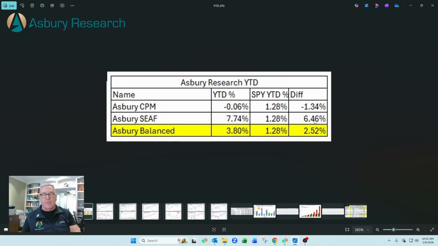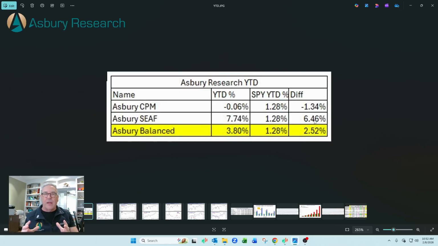But I like to show them together because a lot of investors, a lot of subscribers, I should say, like to use them both. So if you use them both 50-50, let's say you have a hypothetical $100,000 account, 50,000 of that is in CPM, 50,000 of that is in CEF. They tend to work well together because CEF is an alpha generator and CPM is a defensive model to keep you from taking a big drawdown.